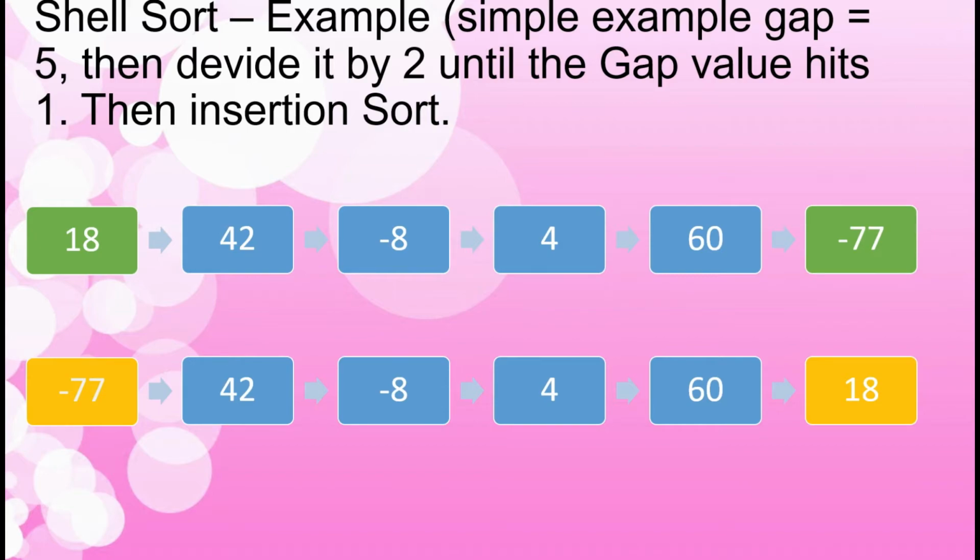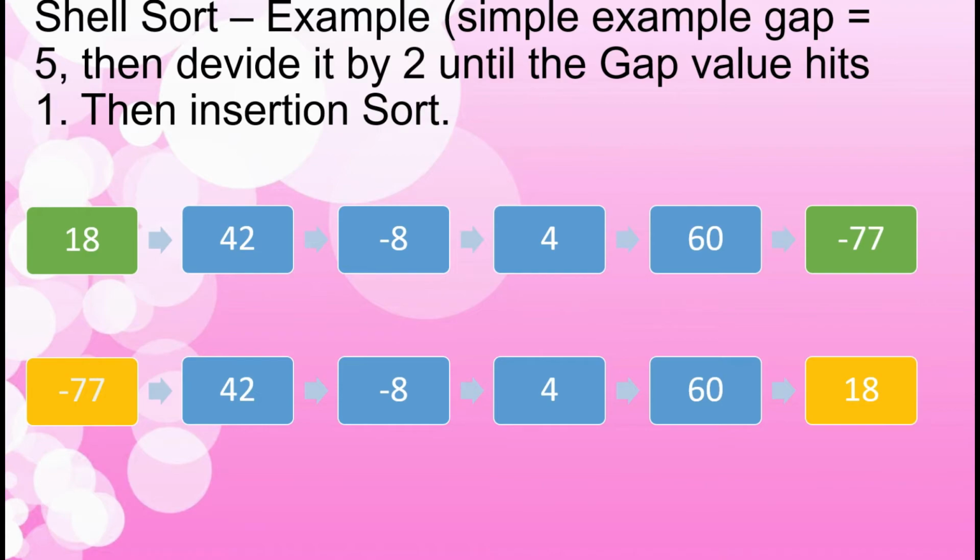For example, we have this array: 18, 42, minus 8, 4, 60, minus 77. If you remember from the insertion sort algorithm, we sorted the whole array and then had to sort it again from the start until the end, because the minus 77 was at the end of the array.